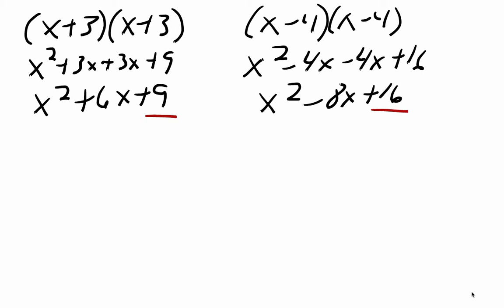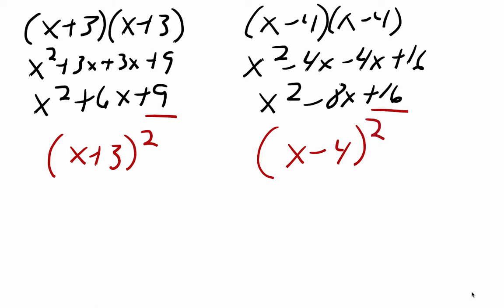That's why they're called perfect square trinomials, because we squared a number and got those last numbers, 9 and 16. So another way to write the factors would be x plus 3 squared and x minus 4 squared. Instead of x plus 3 times x plus 3 or x minus 4 times x minus 4, we can write it using the square sign.